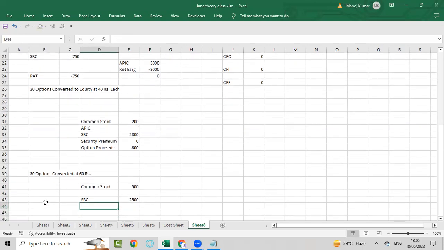Now, option proceeds. Earlier it was 800. Now 30 into 60. And this amount will be added in cash on the right side. Earlier, how much was it? 800. Now again, whatever amount we have added for option proceeds will also be added. So 30 into 60. Is it clear or not?